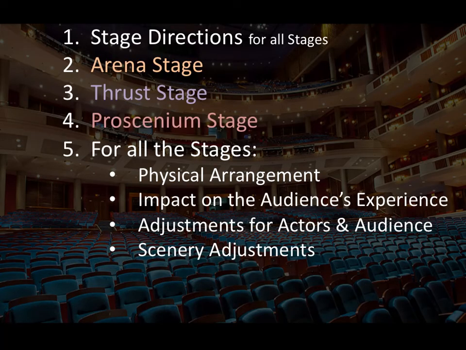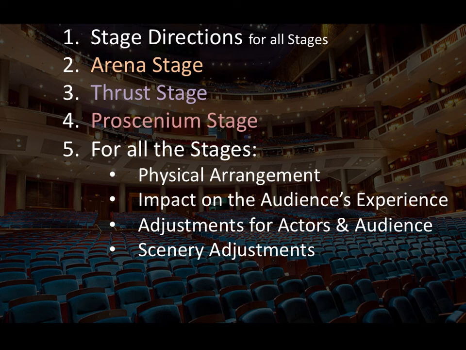Now, there's one theater arrangement that I haven't talked about here. It's not listed on this slide. I haven't talked about a black box theater. Black box theaters were the invention of the middle of the 20th century, where the space is literally a black box and the actor audience relationship can be arranged any way you want.